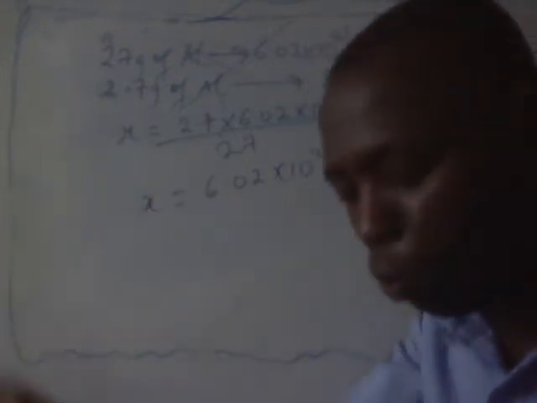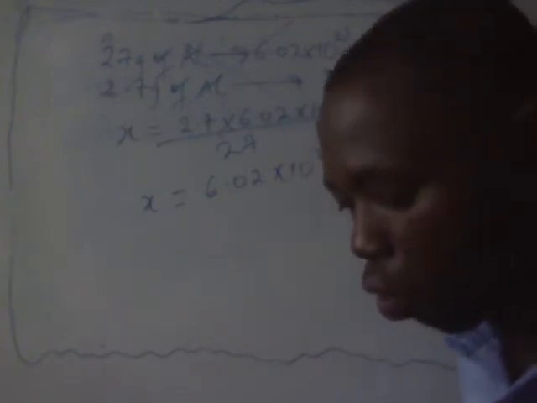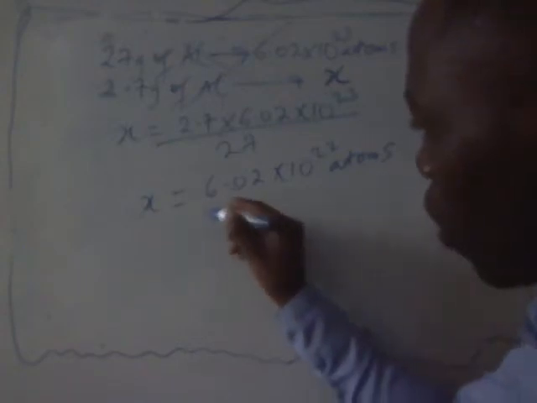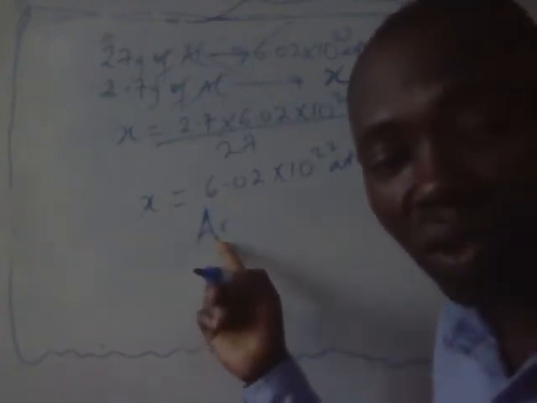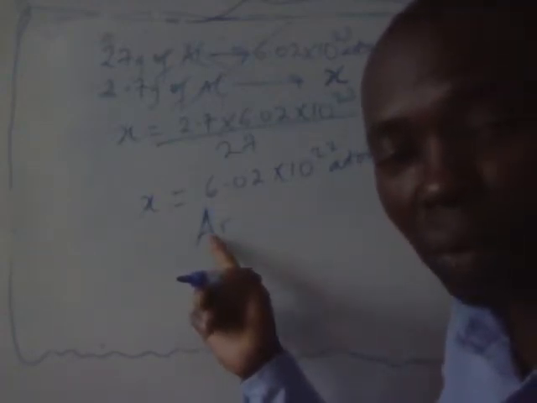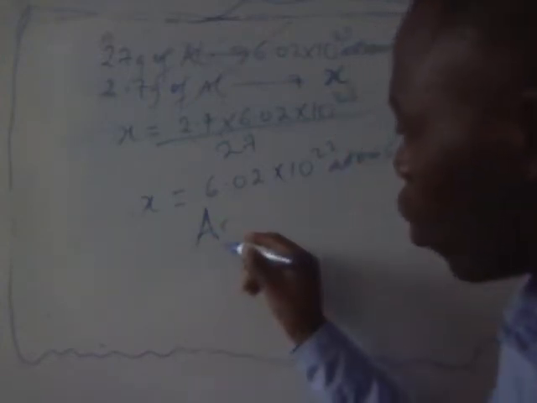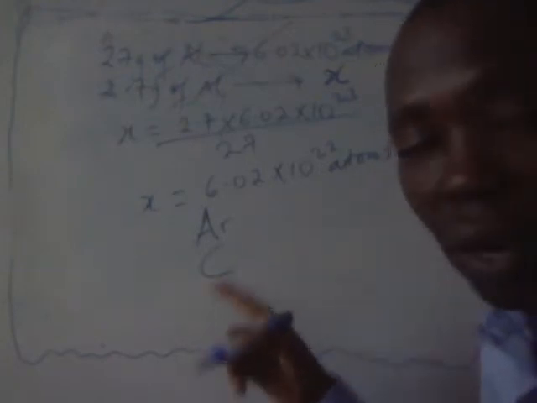So we have option A, argon. Argon is a group 8 element, or noble gas. Argon, no. Carbon, no. Carbon is monoatomic.